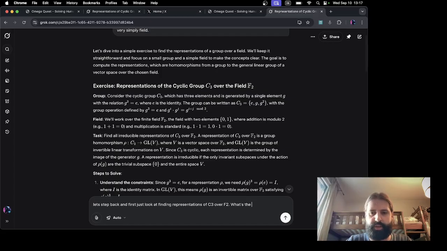What's the first step? Wait a second, let me try to guess this. Essentially, a representation is a mapping of C3 as a domain towards GL(V), right?